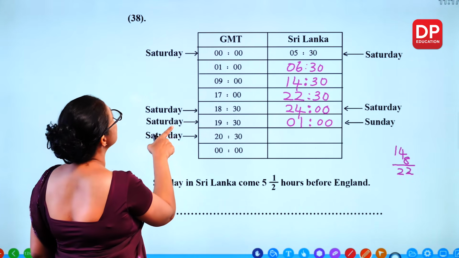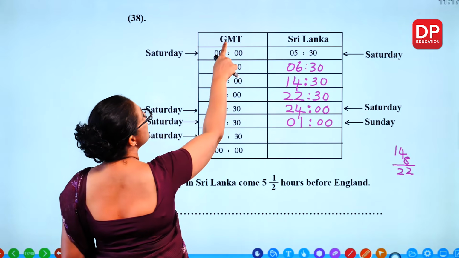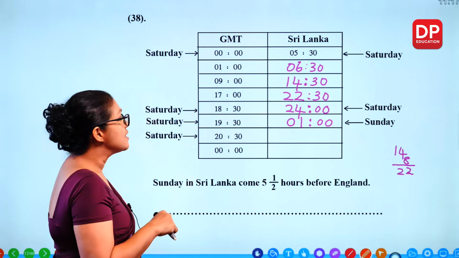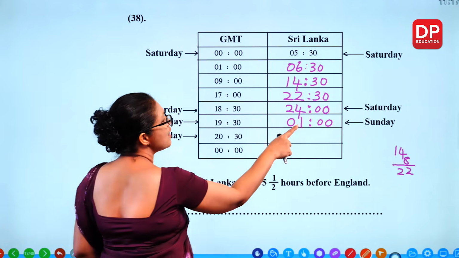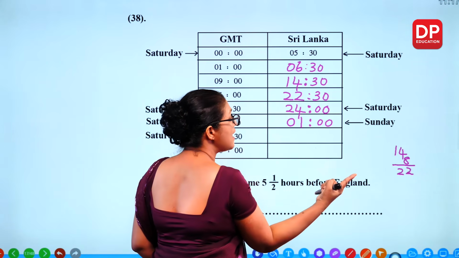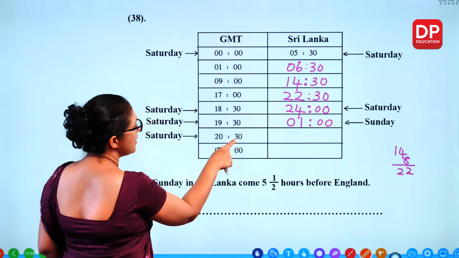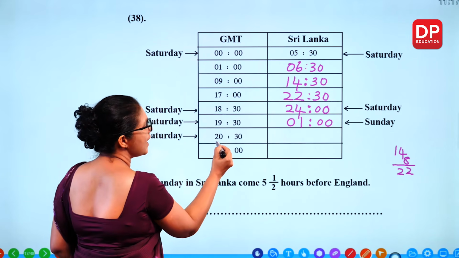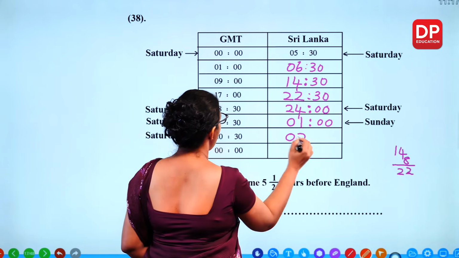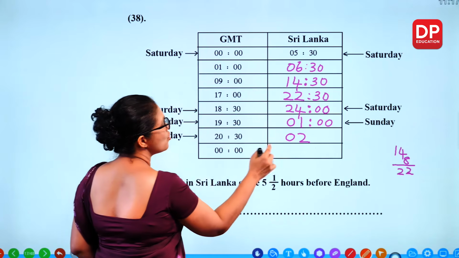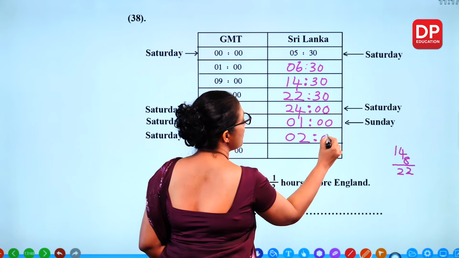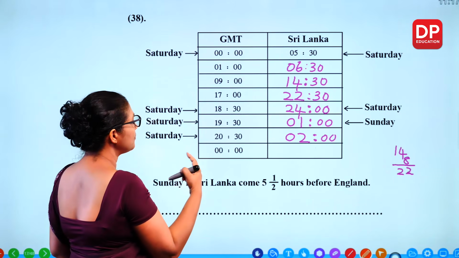This is still Saturday in England, Greenwich Meridian time, but in Sri Lanka, it's Sunday morning. And if this is 2030, add 1 hour again. So 2 o'clock in the morning. That's Sunday.